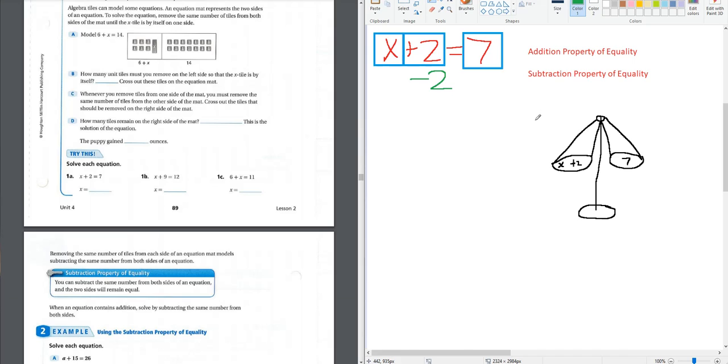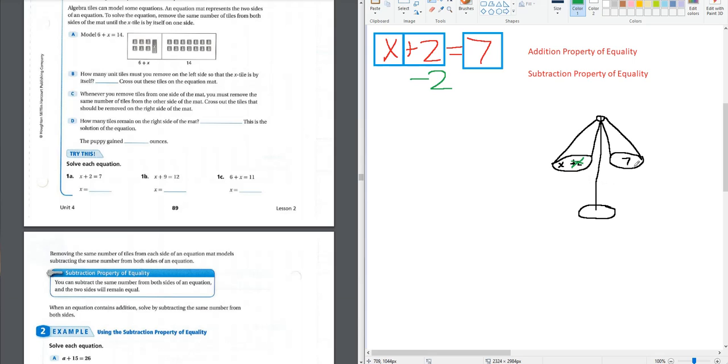Because if I plus 2 and then I minus 2, it's just like nothing happened. Like if I gave you $2 and then I took away $2 from you, it's like nothing happened, right? You're back to 0. You didn't lose any money. You didn't gain any money. So that's what I'm going to do here. So I'm going to minus 2, and that's going to just get rid of this plus 2. So all that's left is the x.